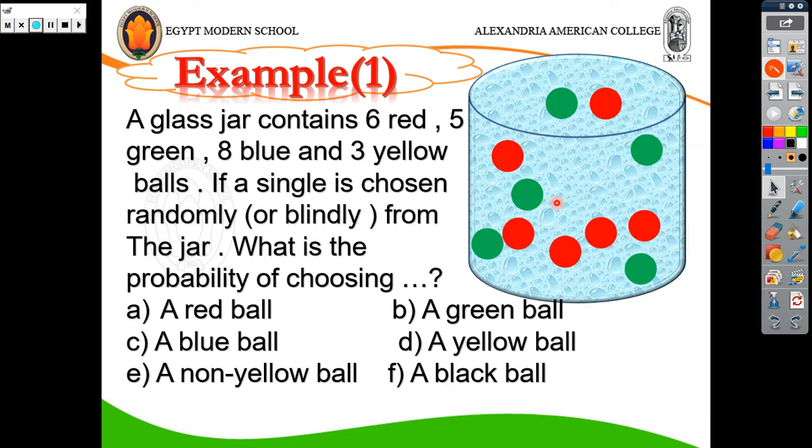Example number 1. If we have a box with 6 red balls, 5 green balls, 8 blue balls, 3 yellow balls. If one of these balls is chosen randomly, or blindly, from the jar, what is the probability of choosing a red ball, green ball, blue ball, yellow ball, non-yellow ball, black ball?